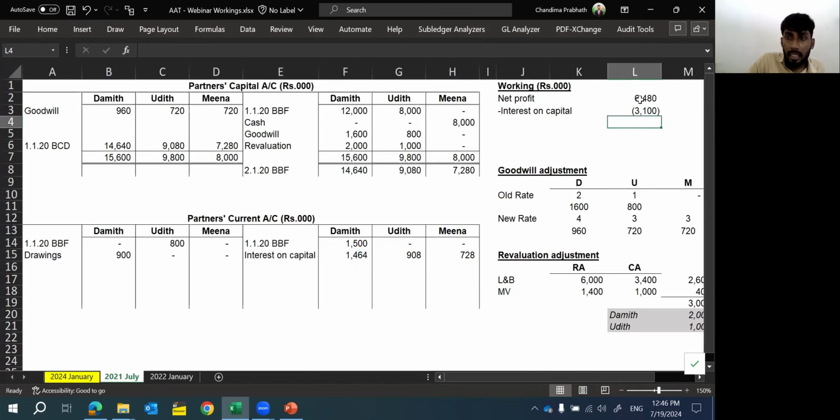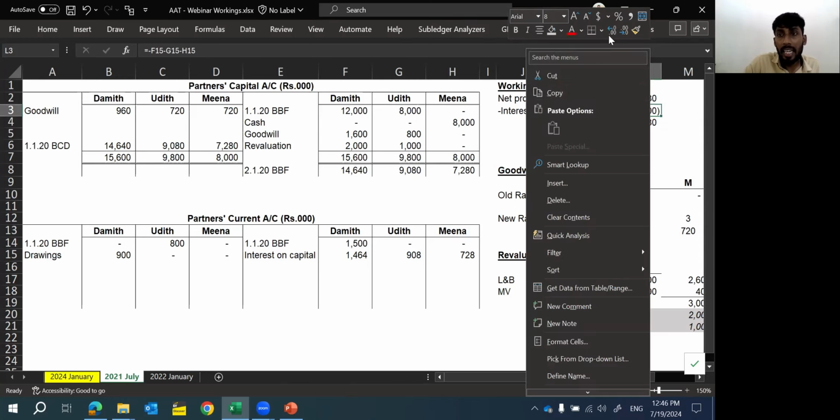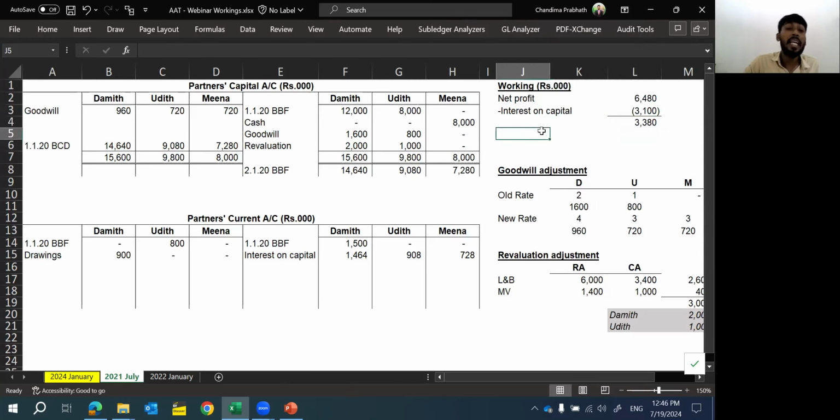That means out of the 6,480, I have appropriated 3,100 as interest on capital. Now I have only 3,380 to appropriate as partners' remuneration and the profit shares.